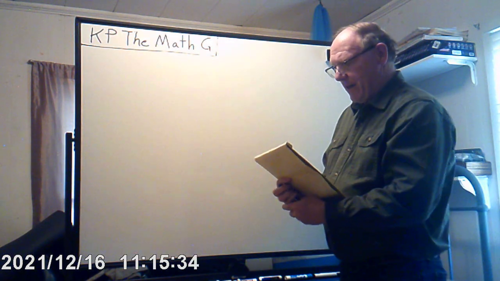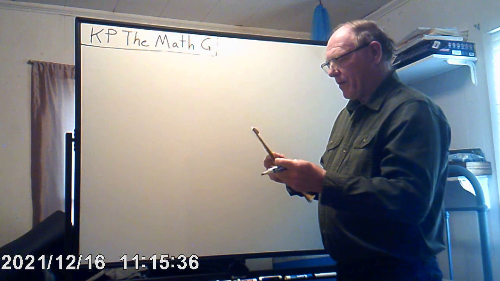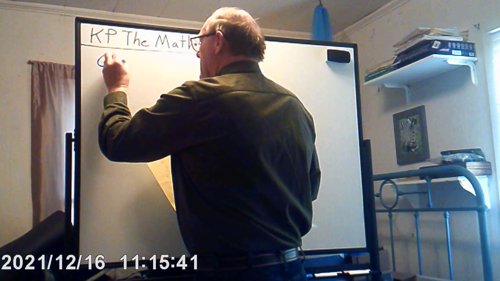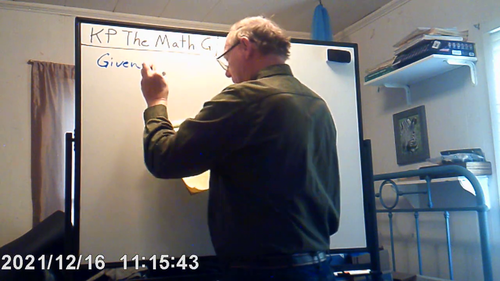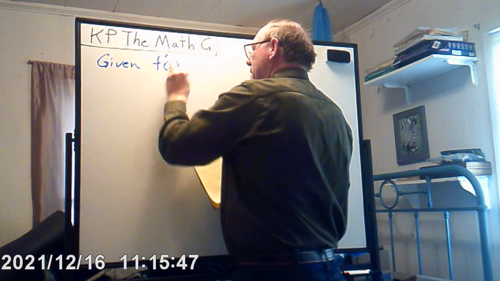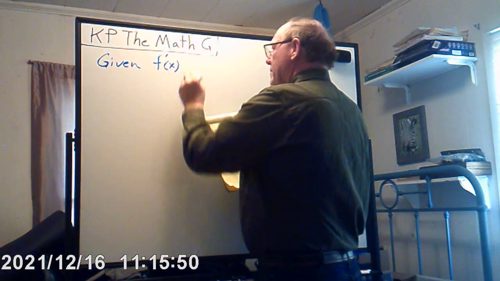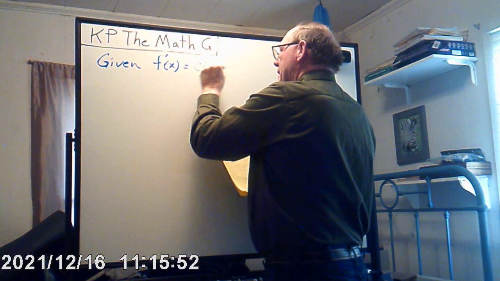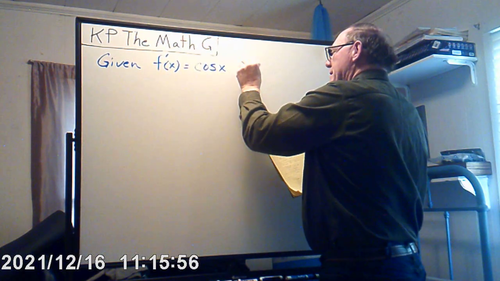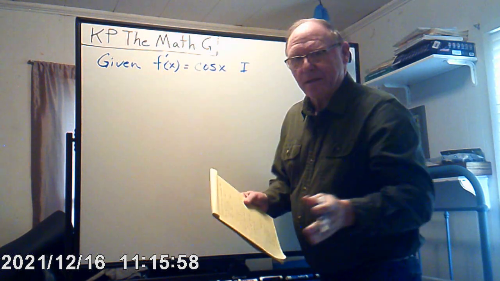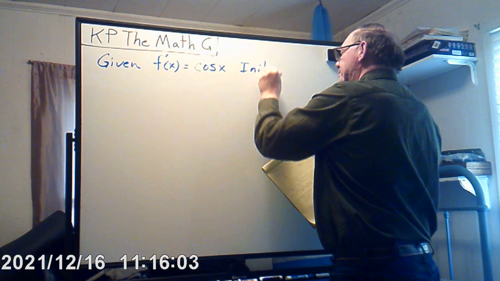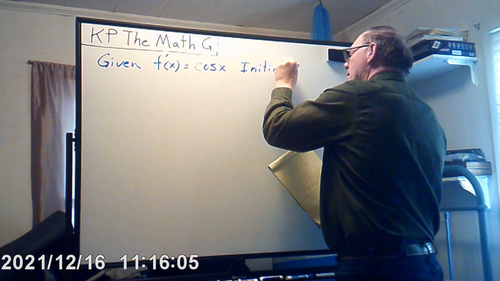So here is a problem also. Given that f prime of x is equal to cosine x, and we have what you call an initial condition. I should have said that from the last time. An initial condition.